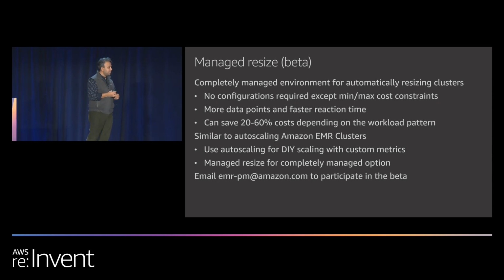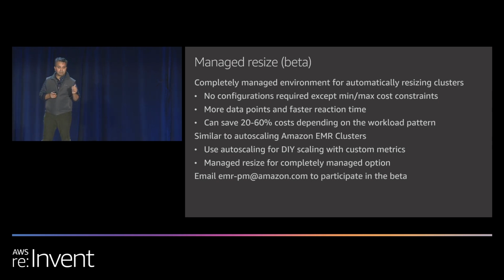What we're introducing now, and it's in beta, is a managed resize version. So the difference with auto-scaling and managed resize is, in managed resize, you do not need to define any policies. You go to a cluster, you check managed resize, and you define what is the maximum and minimum you want on the cluster. That's it. We manage all the configuration. We manage all the metrics.